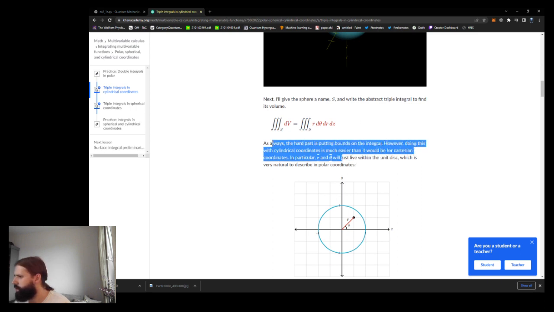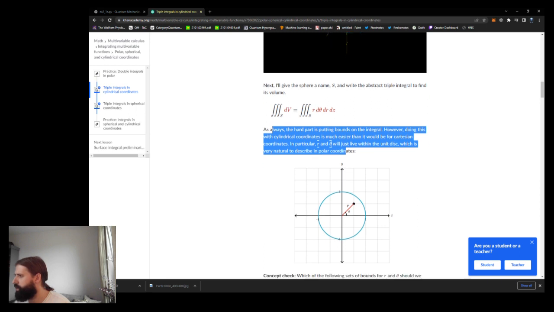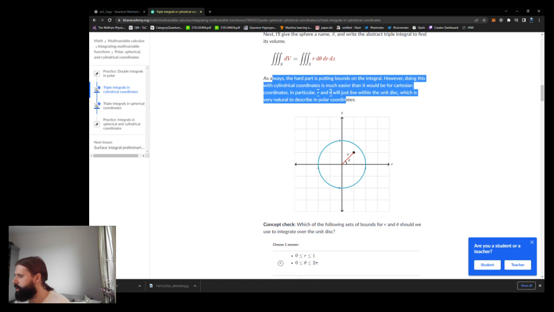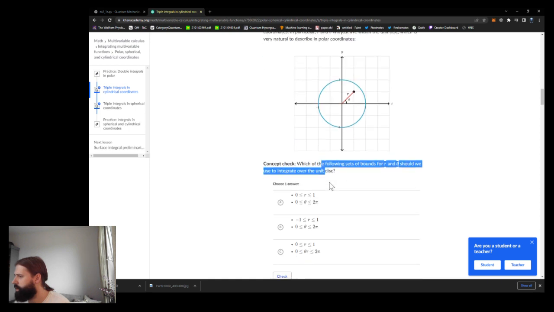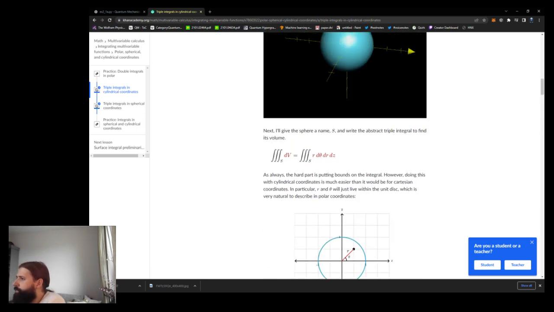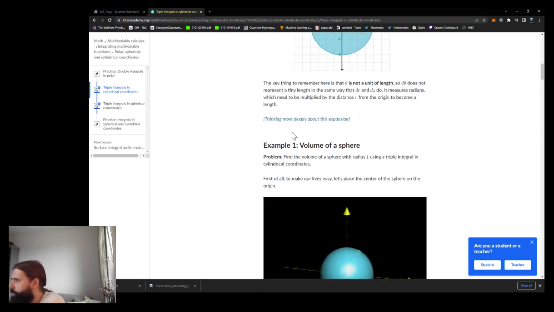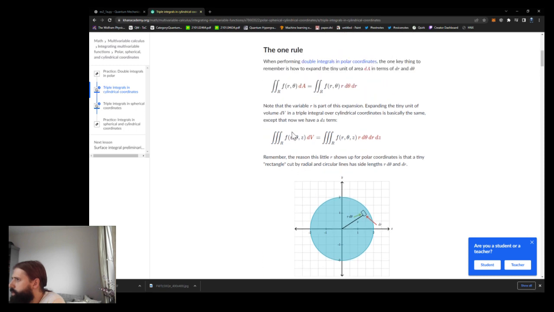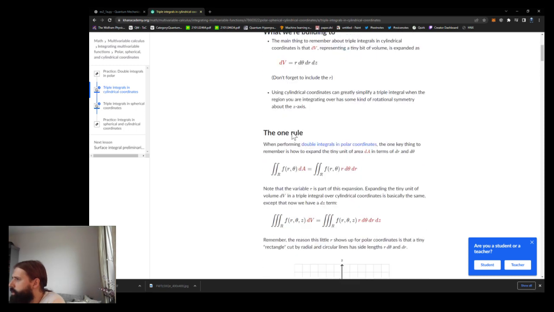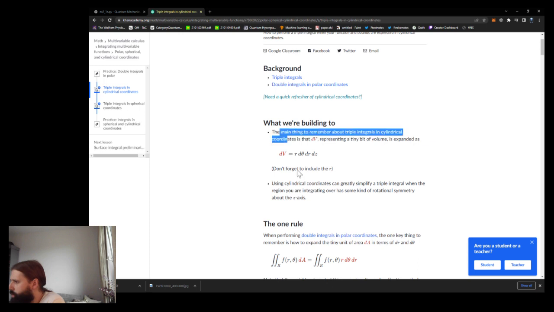I think so, right? The unit disk. Don't forget to include the R.